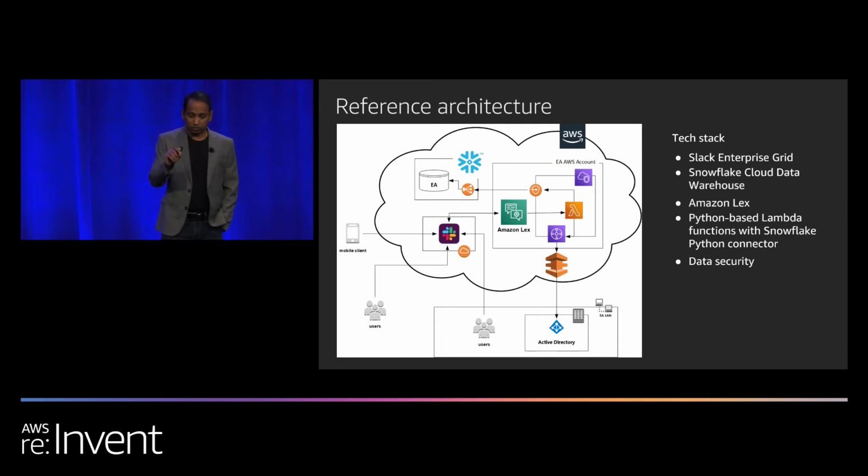That's an important thing. So what we did was, we thought we would take advantage of Active Directory. Well, let's not do that. We have SSO through Slack. Let's use that identity and federate it through Lambda to Lex to Lambda to Snowflake, filter at Snowflake, and get the data back to Slack.